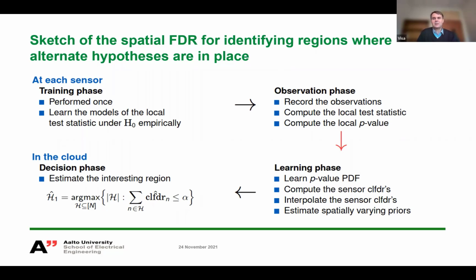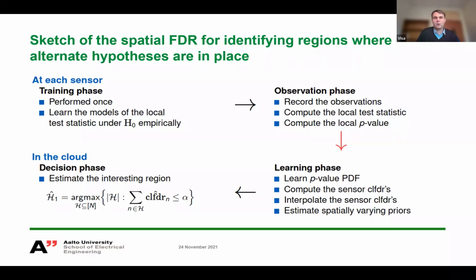And since this is based on a concept called local FDR, we consider it a kind of contextual local FDR, because at each sensor we are able to figure out the local distribution as well as the local priors and use that in this empirical Bayesian inference.